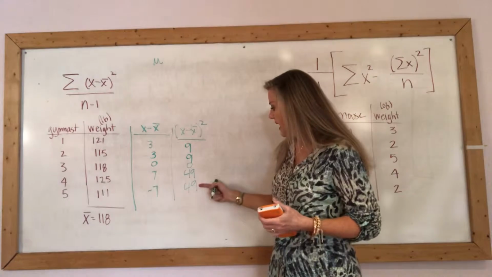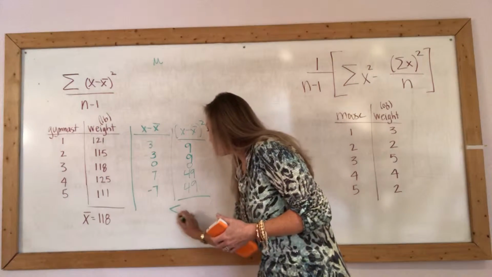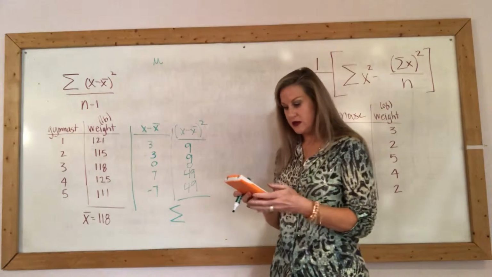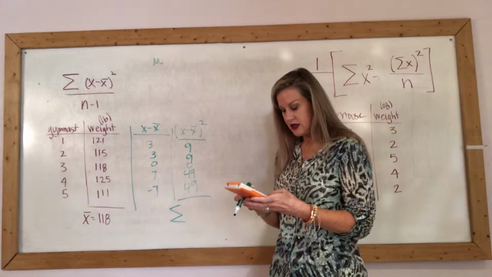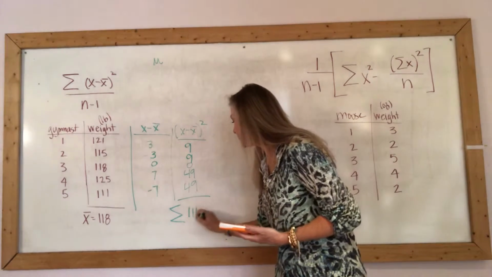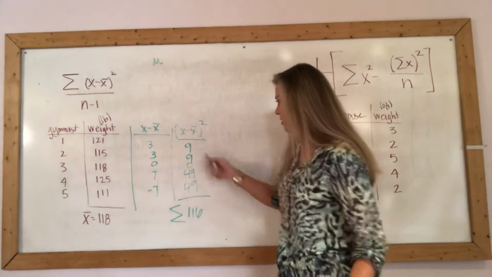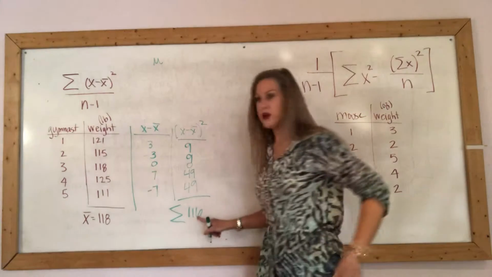So I'm going to add up this column. And it's early in the morning, so I'm going to use my calculator. Normally, I get 116. So the sum of all those, the sum of this is 116.